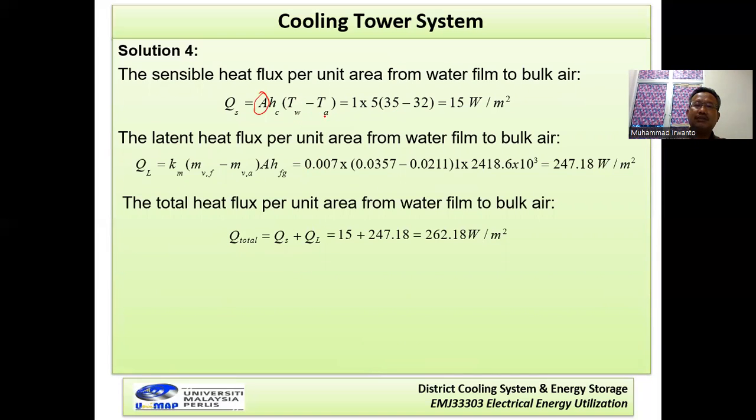TW is 35, TA is 32. So we obtain a sensible heat of 15 watt per meter squared.